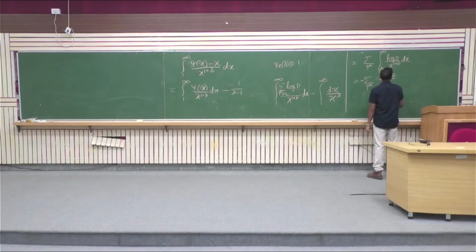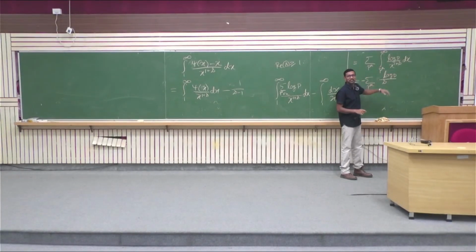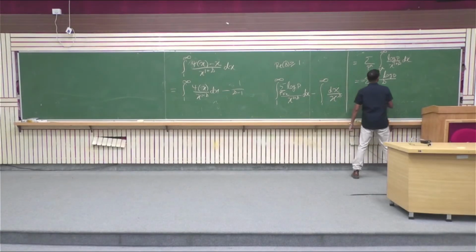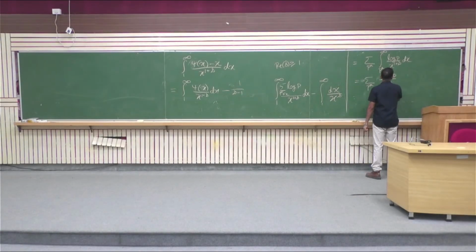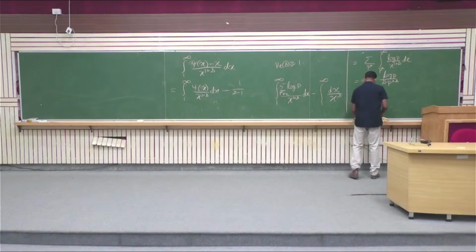Wait a minute, there should be a minus s first, and after taking the limit, that negative sign will go away, right? So this is s times p^(ks), right?